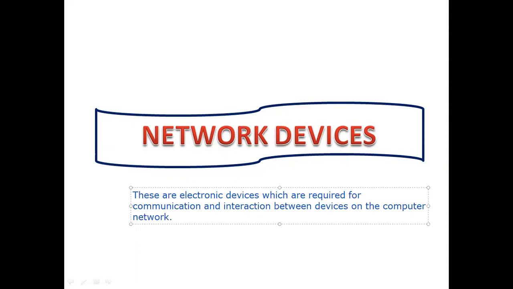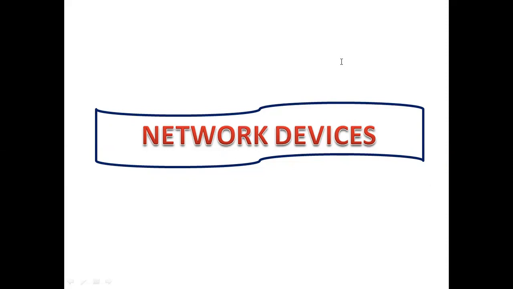So whenever I want to communicate with another device within the network, I need some electronic equipment, and that is known as a network device. So let us start with the network devices one by one.